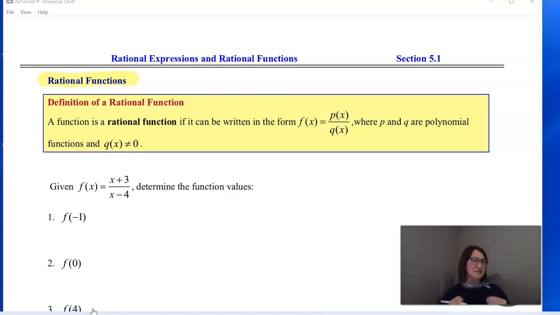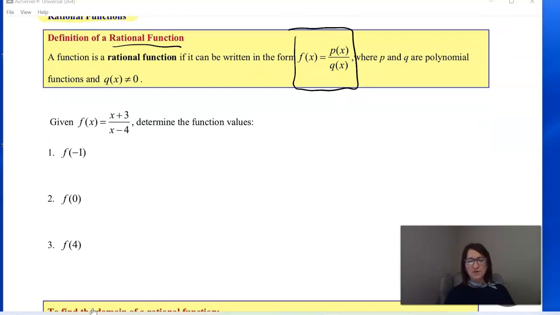More specifically, a rational function is going to have a polynomial in the numerator and a polynomial in the denominator. So that is our definition of a rational function.